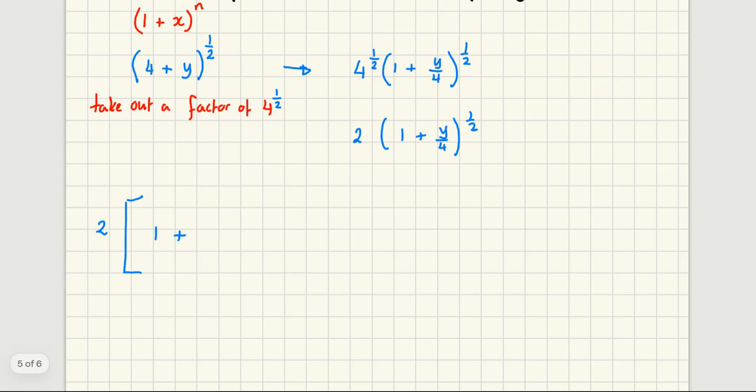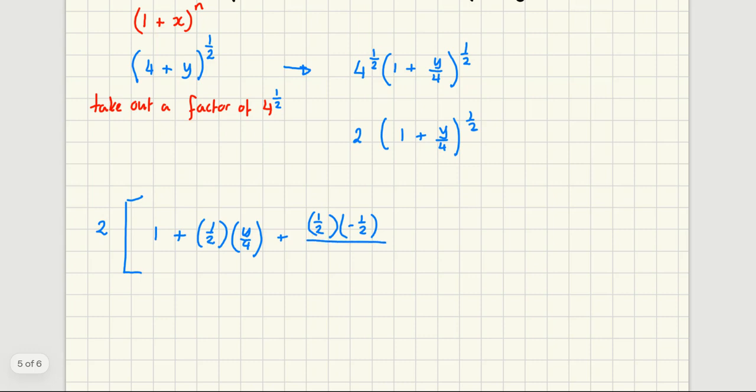Then it's nx. The next bit is nx. So n being a half, times x, which is y over 4, plus a half times a half minus 1, which is minus a half, over 2.